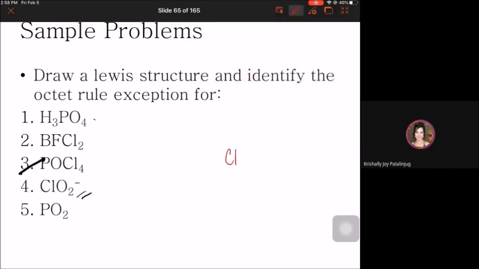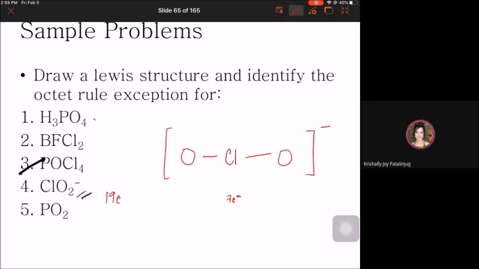So, you have chlorine as the central atom, oxygen as the surrounding atom. And take note, it is an ion. So, enclose that in a square bracket. Sige, total valence electron. 7 for chlorine, plus 12. Tama ba? Sige, ilan? 19. Tama ba? 19.